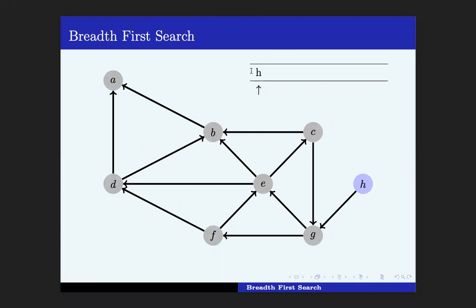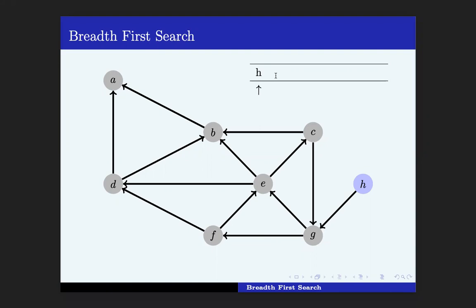You look at the first one and say, you are the first one, give me all your neighbors, and if the neighbors are not visited already, then put them here. What does not visited mean? It means the neighbors are gray, not blue.